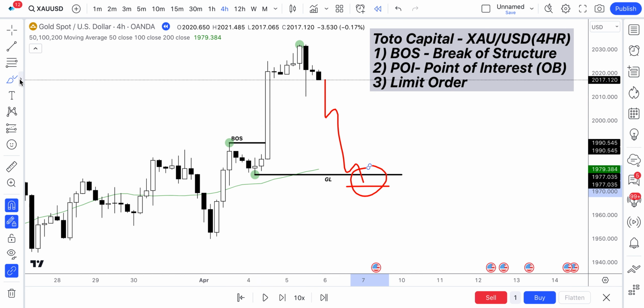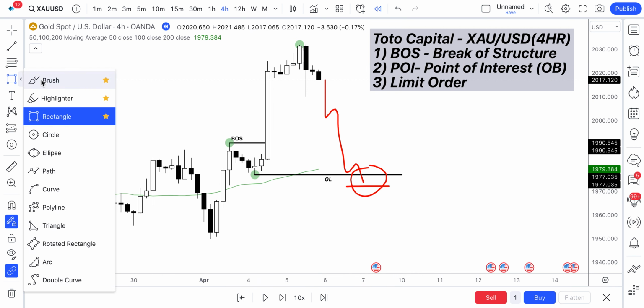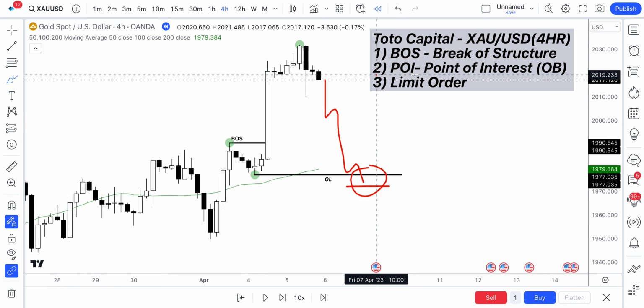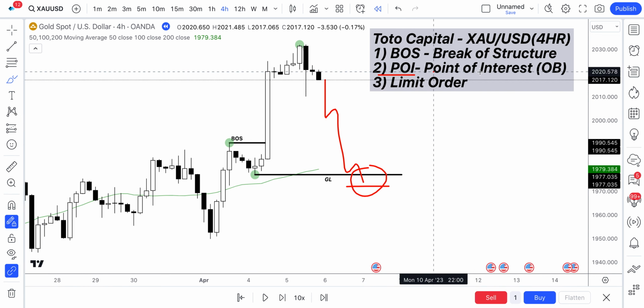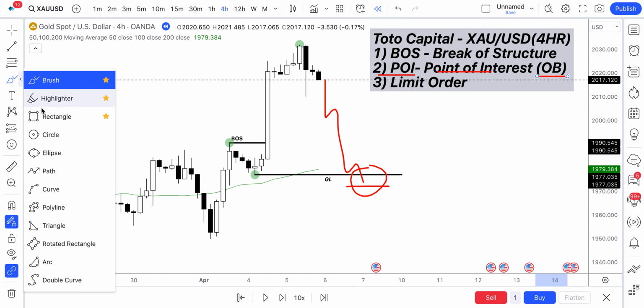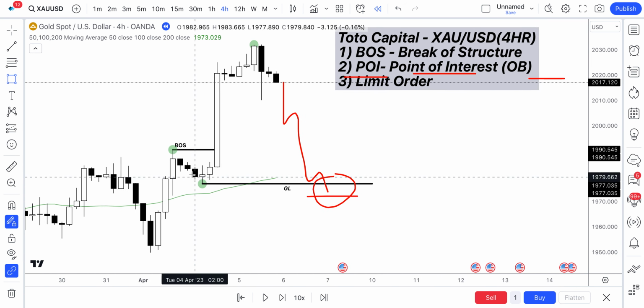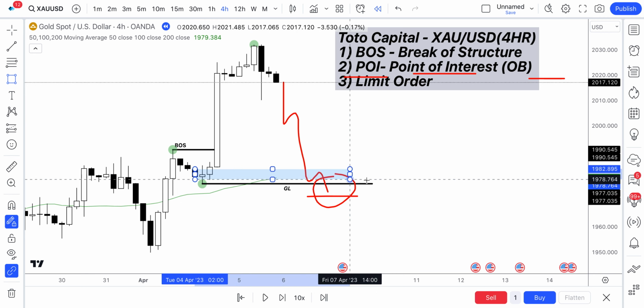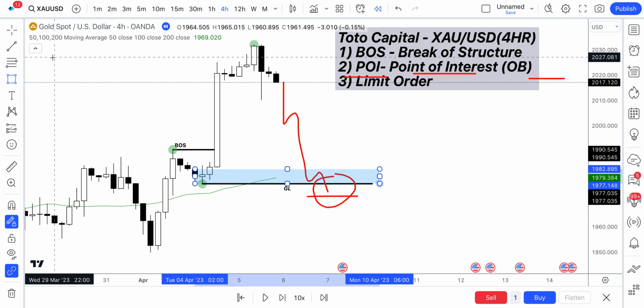Okay, we can go ahead and mark on our POI, which is number 2, our point of interest. Okay, so this is the order block before we had the break of structure. Okay, so the order block is the last down candle before the break of structure. So we can mark that on here from the open of the candle down to the guarded low there.